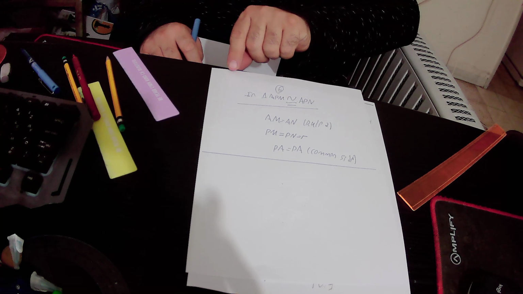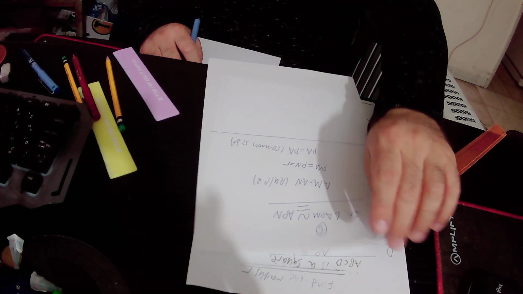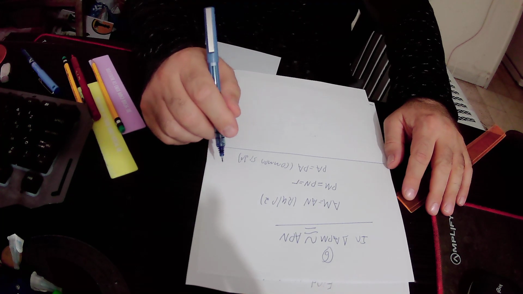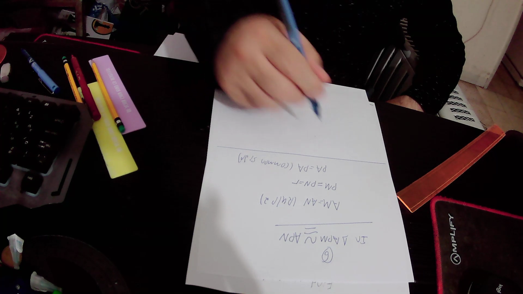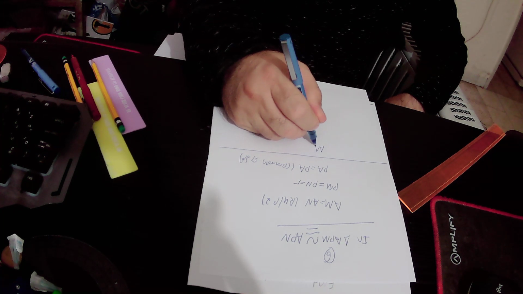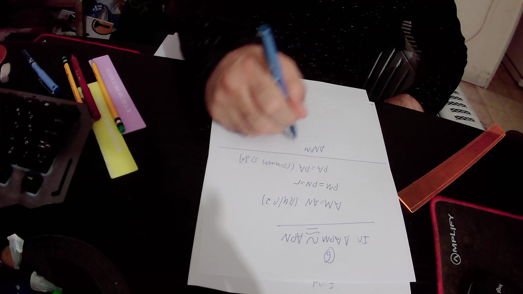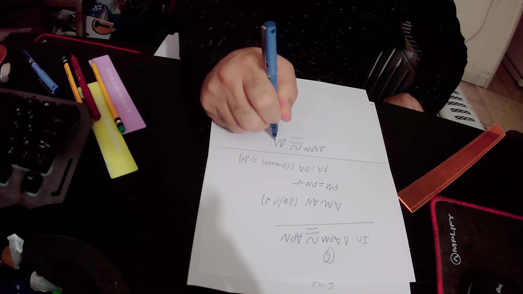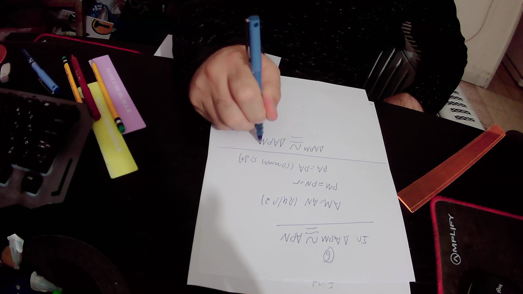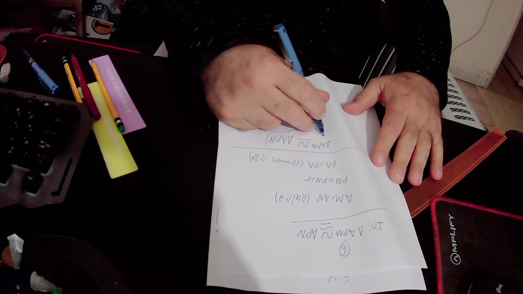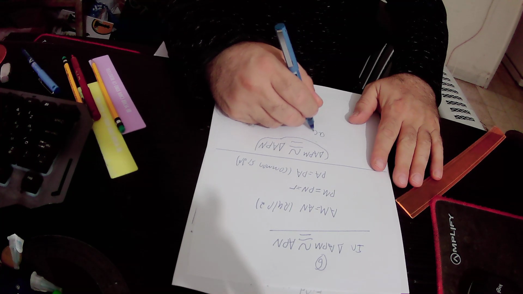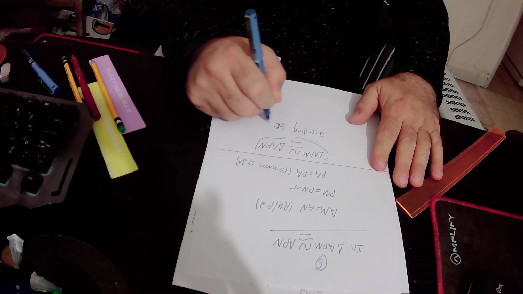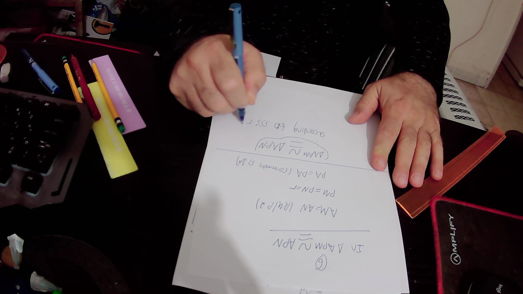Okay, I'll write it down. Triangle APM is congruent, again this is the sign of congruent, to triangle APN according to the side rule.